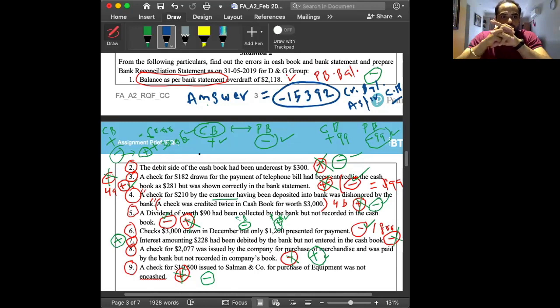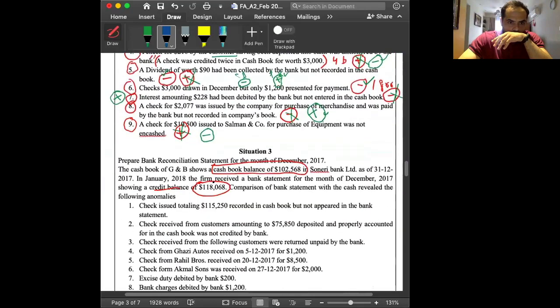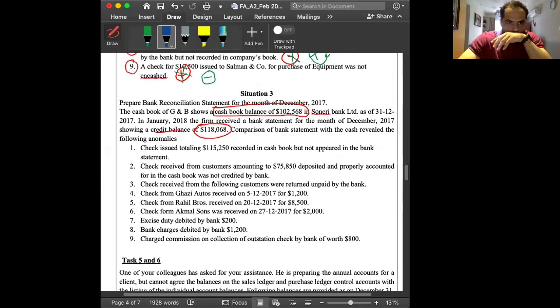Anybody has any question regarding situation two? Or we move on to three? I think we can move on to situation 3.